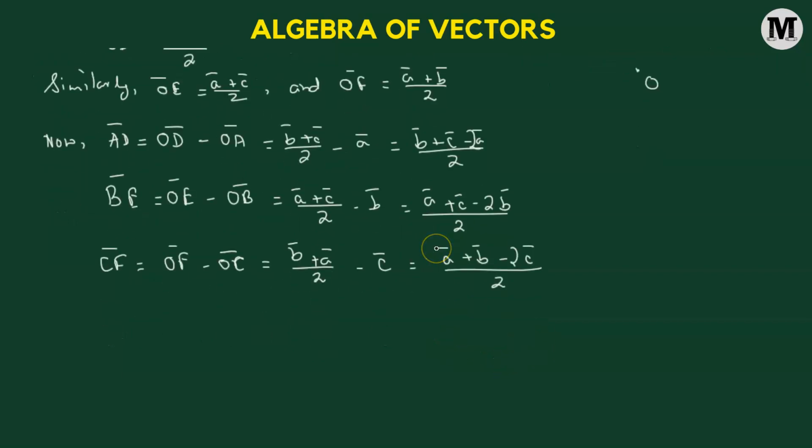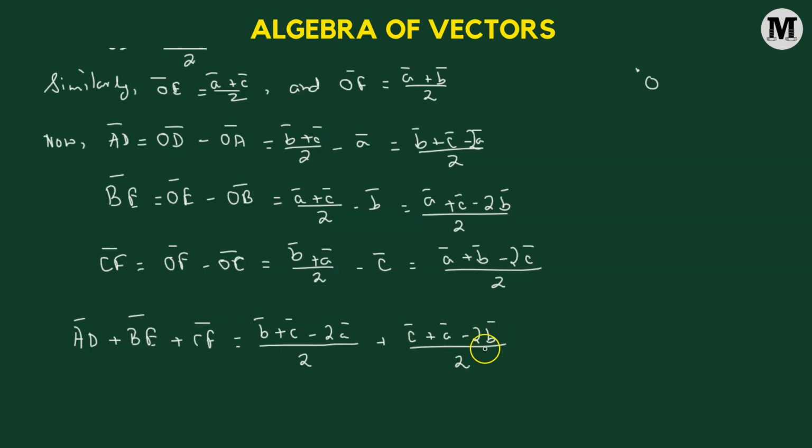Now we'll add these three vectors. AD vector added to BE vector plus CF vector will be B vector plus C vector minus 2A vector whole divided by 2, plus C vector plus A vector minus 2B vector whole divided by 2, added to A vector plus B vector minus 2C vector whole divided by 2.